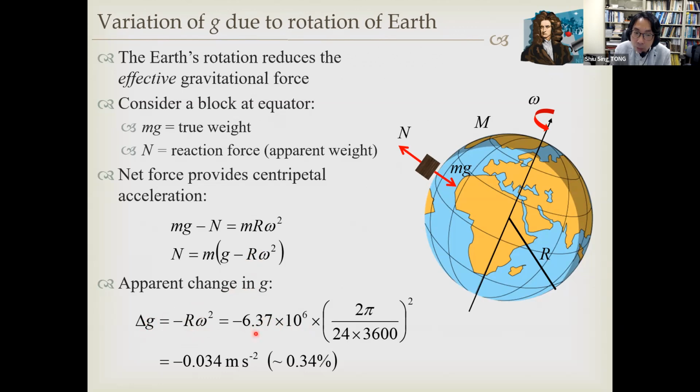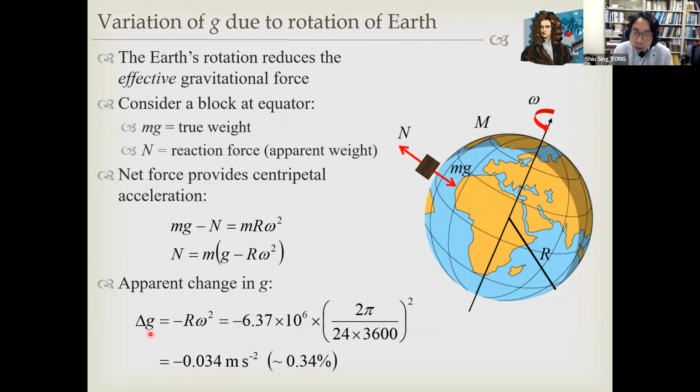If I plug in the value of R for Earth, the radius of Earth, and I calculate the angular speed of rotation of the Earth by dividing 2 pi by the period of the Earth, the period is a day. A day is 24 hours, and 1 hour has 3,600 seconds, so this is the total number of seconds in a day. 2 pi divided by the total number of seconds in a day is omega, so I have omega squared here.